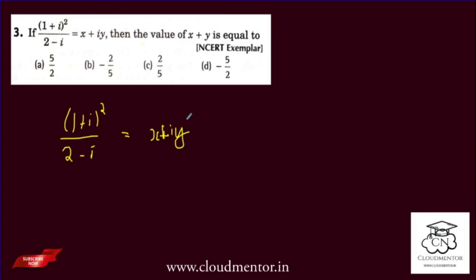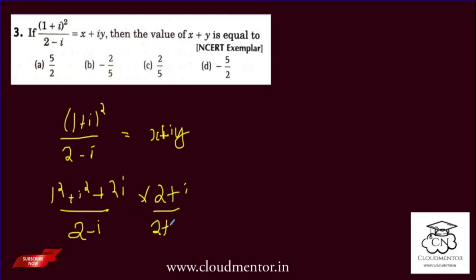Okay, then we are going to expand this (1 plus i) whole square, and take the conjugate of the denominator and multiply with the numerator and denominator. So we get 1 square plus i square plus 2i by (2 minus i) multiplied by (2 plus i), that is the conjugate of the denominator, (2 plus i) by (2 plus i), and that's equal to x plus iy.